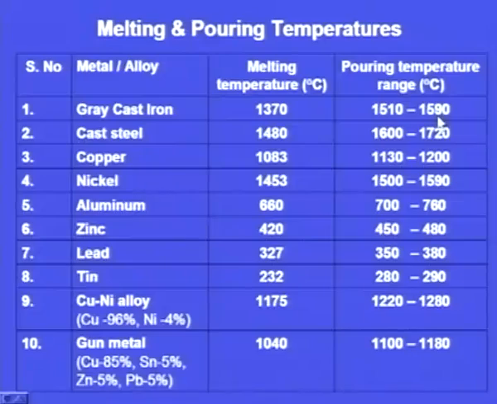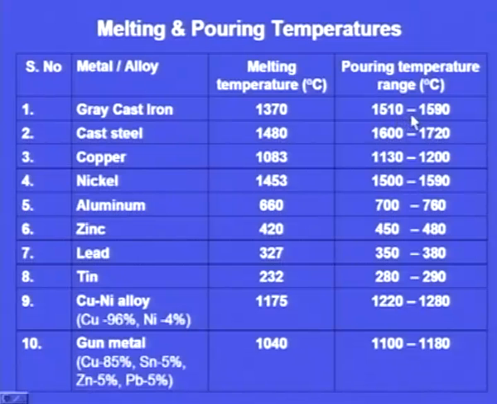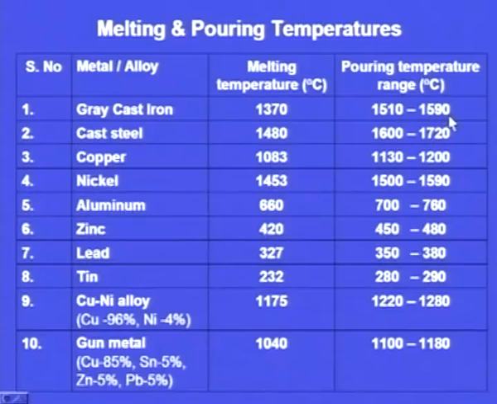When we are casting thick sections, even if the pouring temperature is low, of the order of 1510 degrees centigrade, we can successfully cast. But when we are casting thin sections, the pouring temperature should be high, up to 1590 degrees centigrade. So the pouring temperature varies over a range.